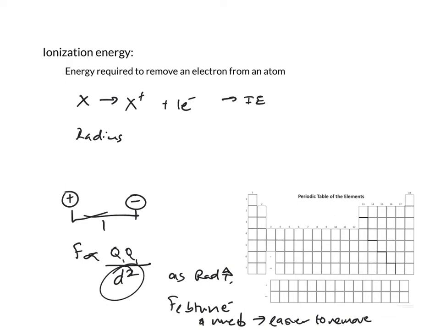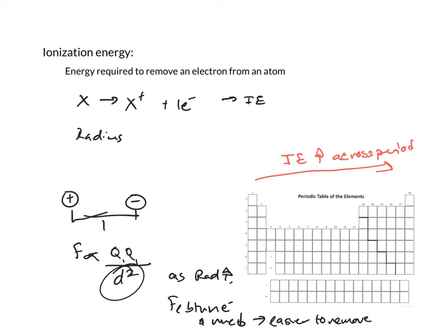So the ionization energy turns out to vary exactly opposite to the way radius does. The ionization energy is going to increase as we move across a period. Which makes sense. The radius is getting smaller, so those electrons are held tighter to the nucleus.